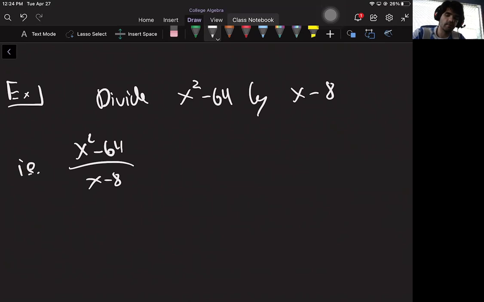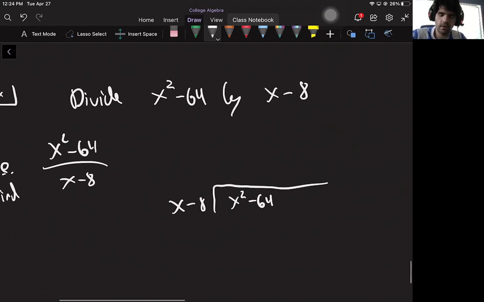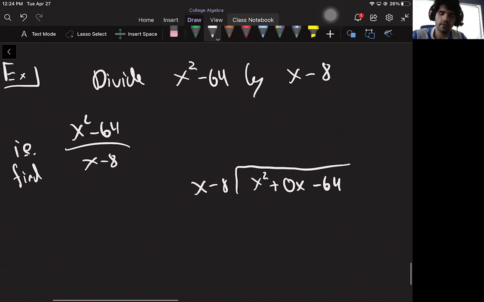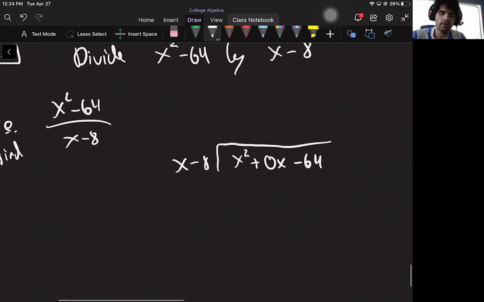And so what we're supposed to do is put our x minus 8 out here and our x squared minus 64 here. But hold on, don't write it yet, because we need to fill in the blank for alignment purposes. So we have to notice that there's no power of x. And so we're going to write that power of x as 0 x's, just so that things align nicer. Okay, and now we're ready to continue.